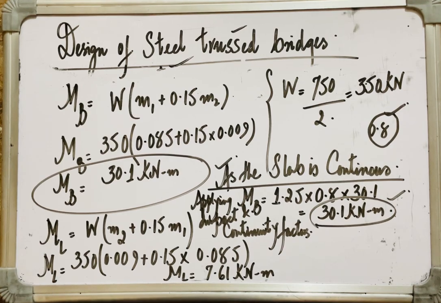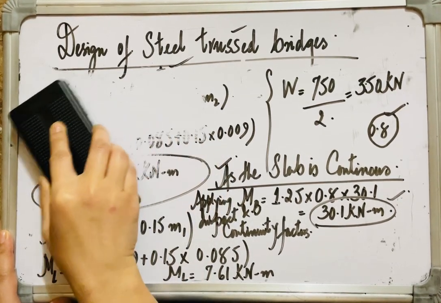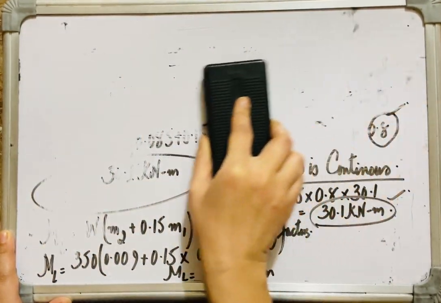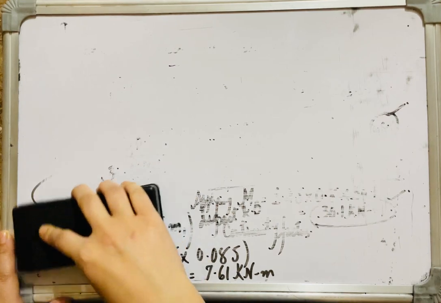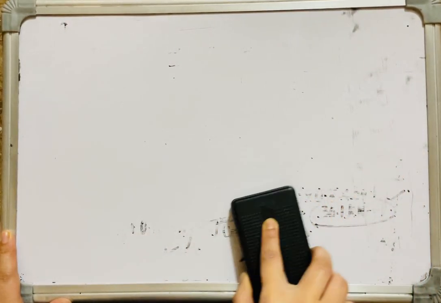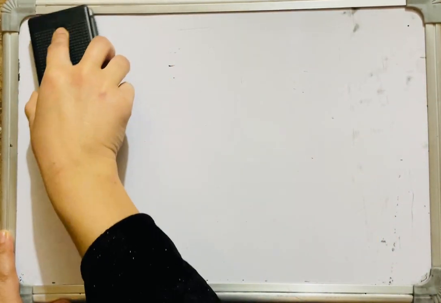All right, before proceeding, let me rub it first. So I'm calculating my bending moment along the shorter and the longer span that is caused by the IRC Class AA tracked vehicle live loads. And now I calculated my bending moment along the longer span, which is equal to 7.61 kilonewton meter.